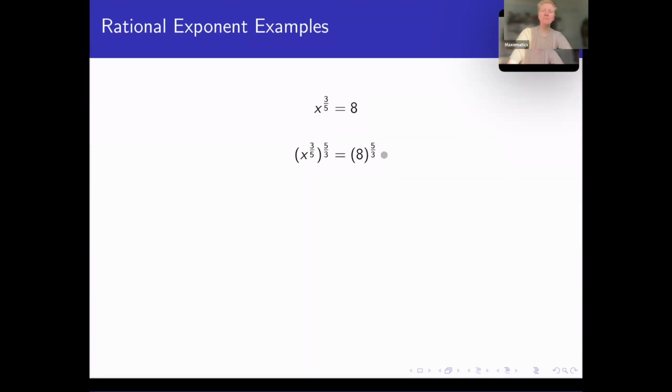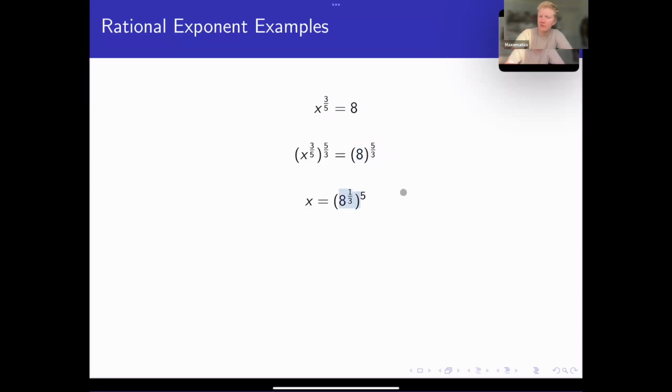That's so far the new part, but it's been a while since we've talked about rational exponents, so let's look at this a little bit more. 3 over 5 and 5 over 3 cancel out. That's the whole point. But what this says is 8 to the 1/3, to the 5, right? An exponent raised to an exponent.